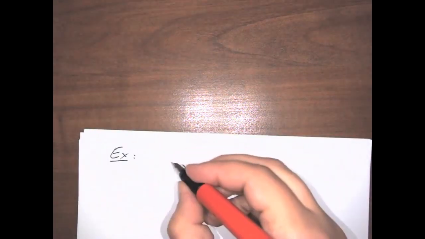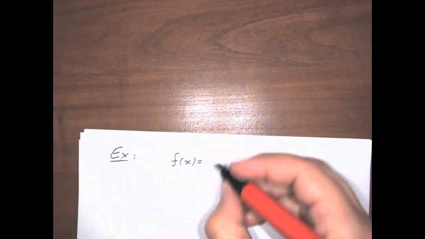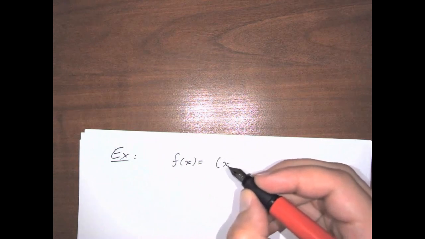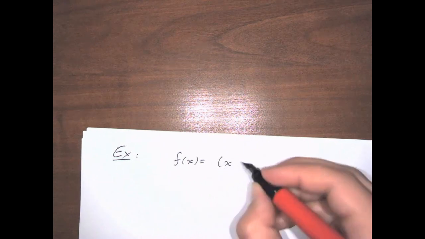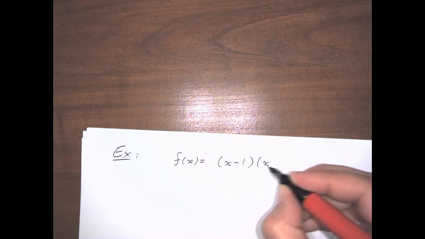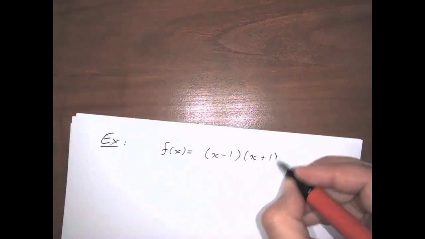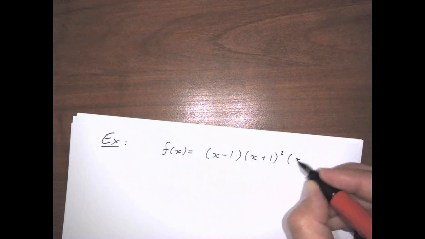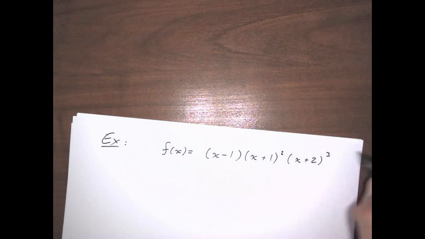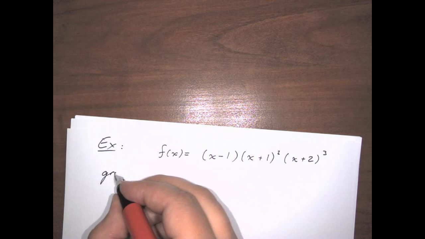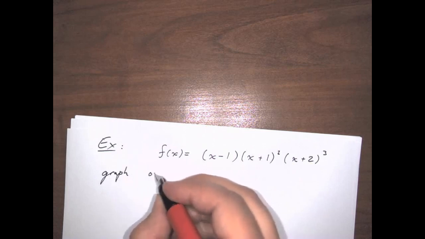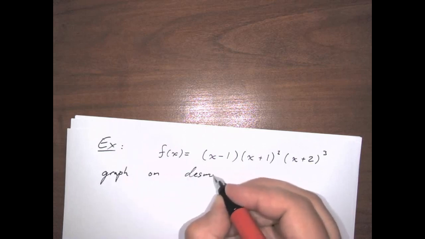So for example, let's take that function f of x equals x minus 1 times x plus 1 squared times x plus 2 cubed, and let's graph this on Desmos.